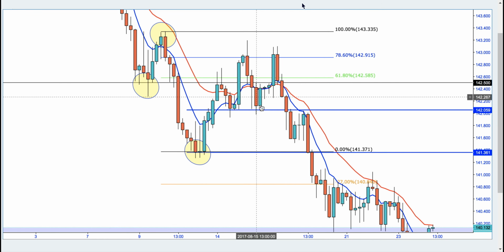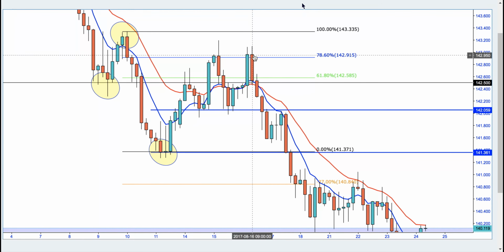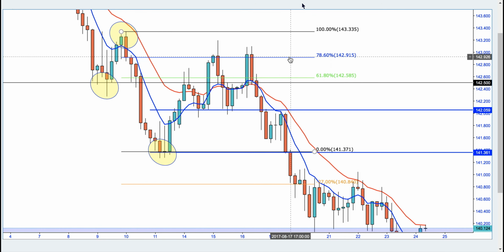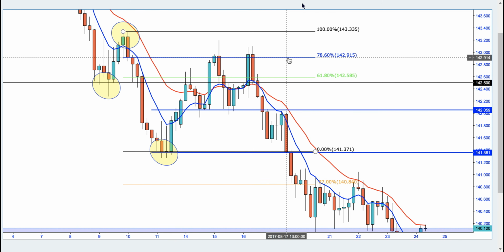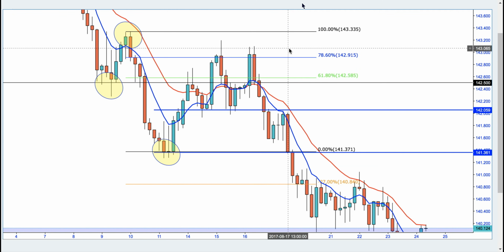However, look what's happened. The market's come back above, spiked above, tweezer top once more, and back below. So we went 91, 15 pips above that would be 143.06 right there. That would have got us a nice tight stop.